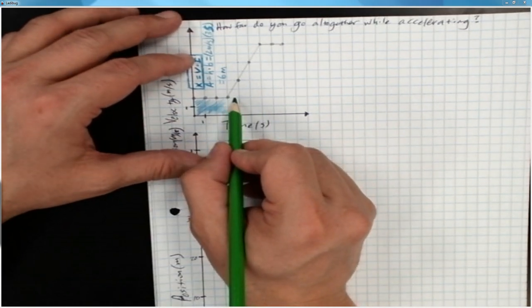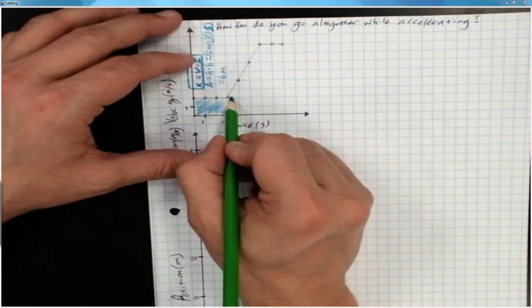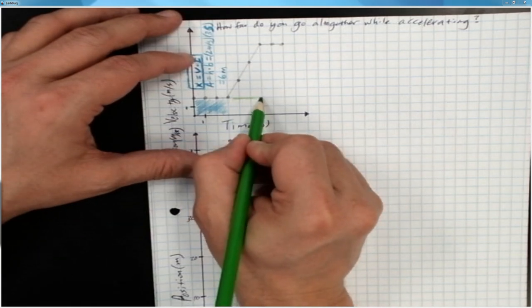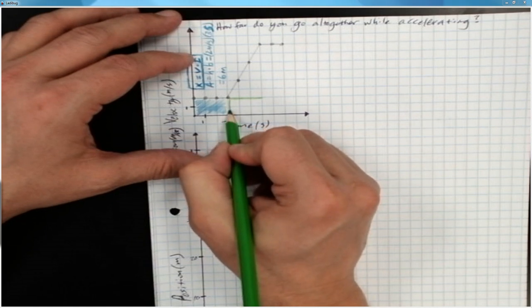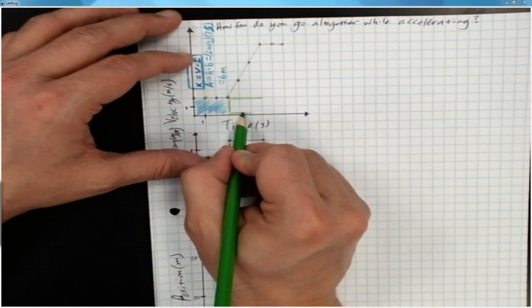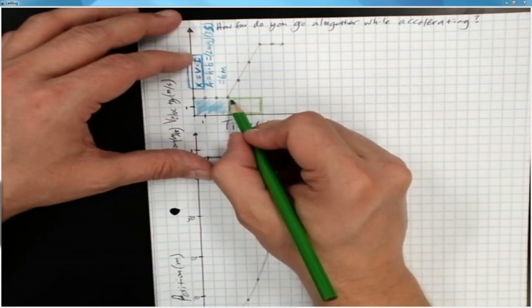My initial velocity, if I just kept going at my initial velocity, I would go some distance, right? Now I'm not going at my initial velocity, but if I were to, I would go this distance here.